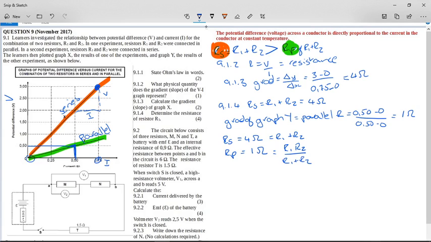Remember, this is the simple formula. But have a look here. In series, we were adding R1 plus R2. So we can actually substitute this 4 immediately into this equation. So 1 ohm, remember that's the gradient, equals R1 times R2 over 4, which means R1 times R2 equals 4.